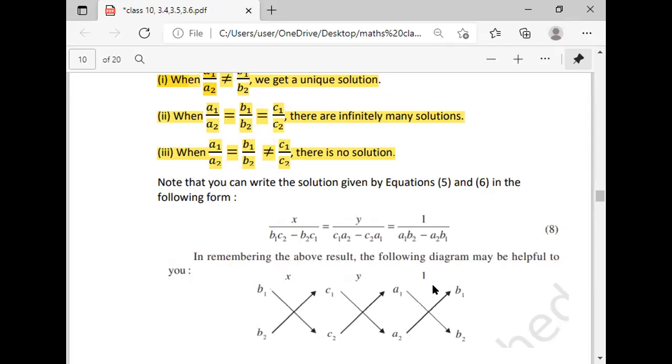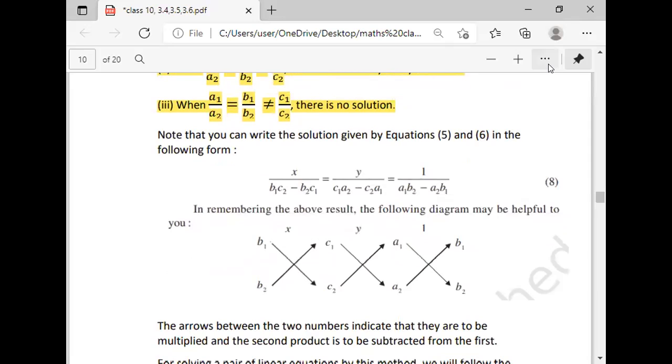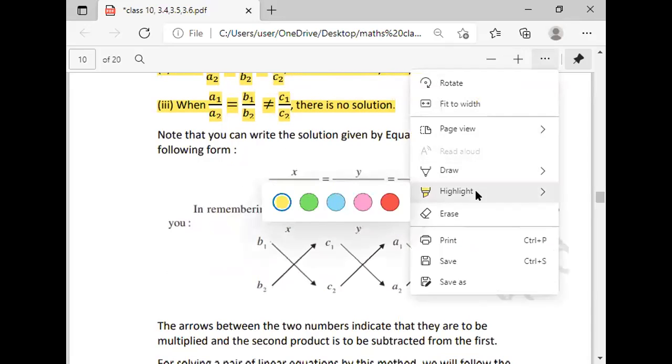And similarly, when we write the 1, that's the constant, the denominator should be the coefficients of x and y. So let us move to our question.